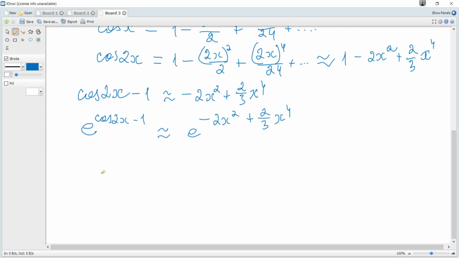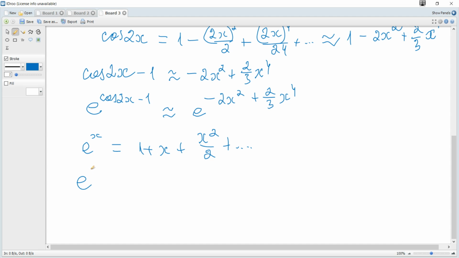And using a series for e to the power of x, it is given in the data booklet, e to the power of x is 1 plus x plus x squared over 2 and so on. Hence, e to the power of cosine of 2x minus 1 becomes what?